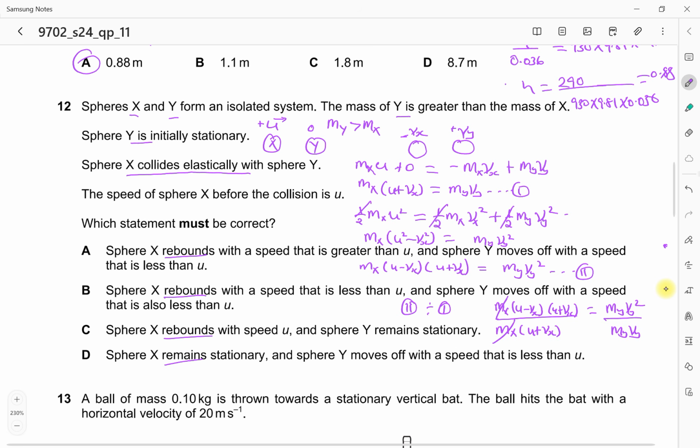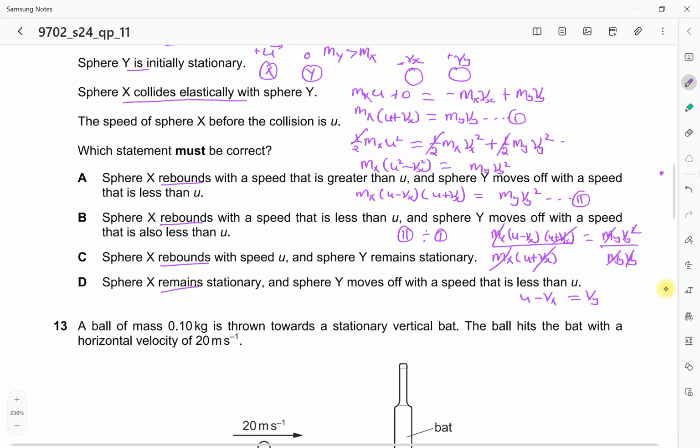So mx cancels, u plus vx cancels, my cancels. I remain here with vy squared over vy, so only one vy in the numerator. So I have that u minus vx is equal to vy.